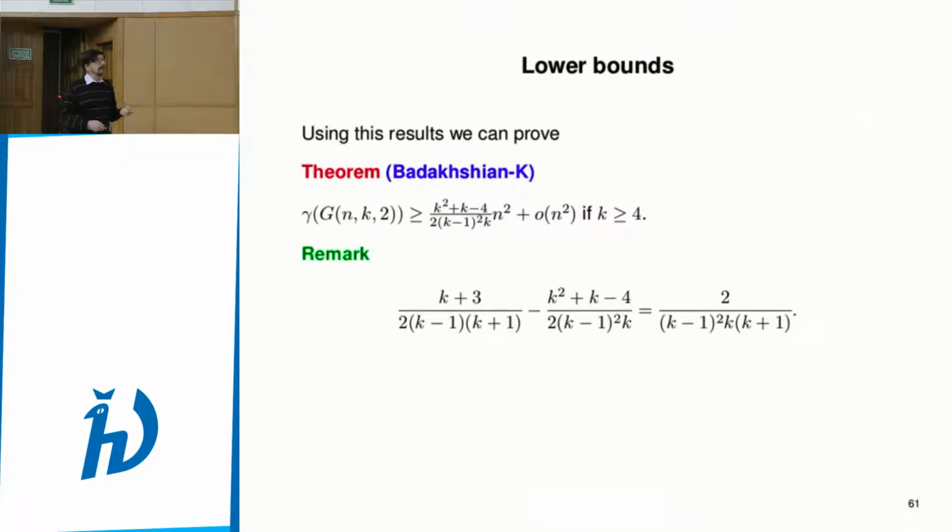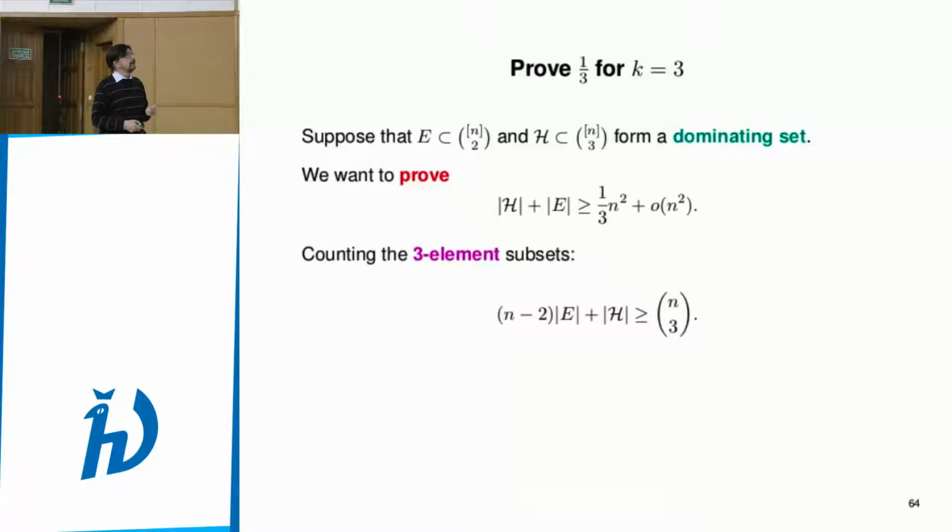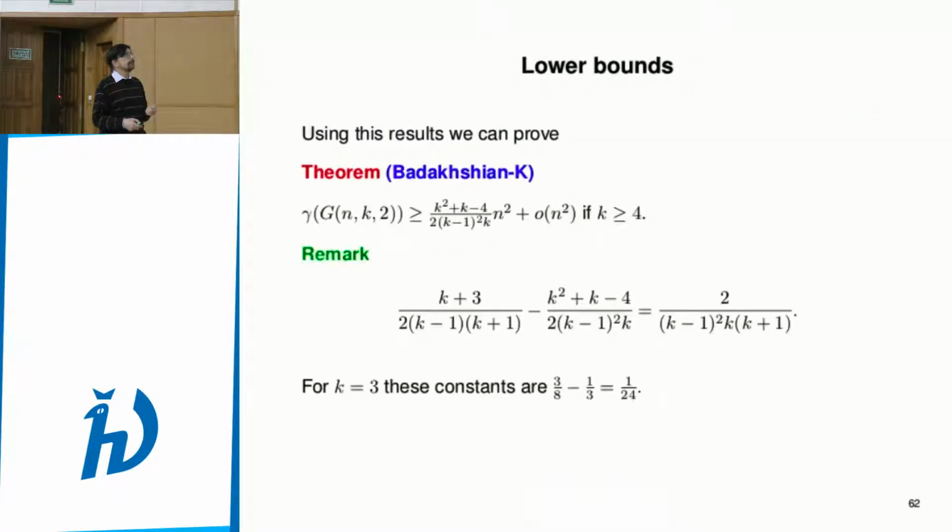But still, we didn't yet get the exact value which matches the construction. So if k is 3, then the difference is 1 over 24.